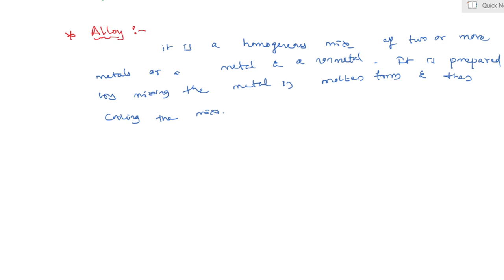Afterwards, electrovalent bond formation and properties of ionic compounds. Afterwards, occurrence of metals, it means extraction of metal. Next, enrichment of ores, extraction of metals of low reactivity series, extraction of metals of medium reactivity series, extraction of metals of high reactivity series, and finally corrosion, prevention of corrosion, what is meant by alloy and uses of alloy.